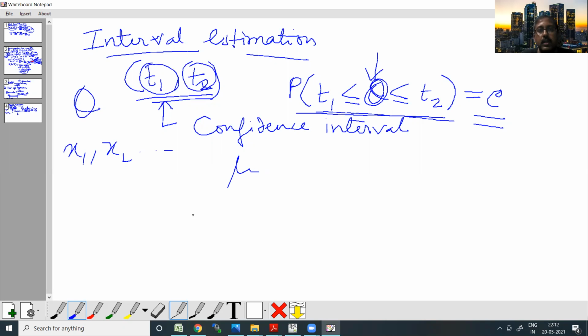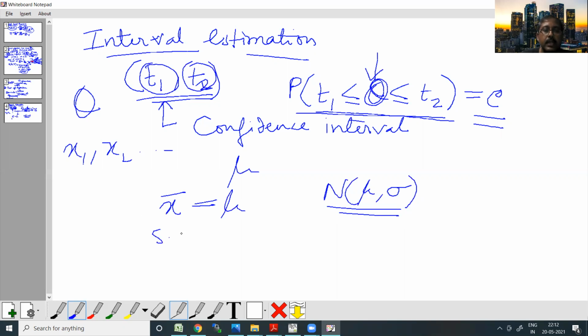We have already seen that if we talk about the sampling distribution of the sample mean, and the population is given to follow a normal distribution with mean mu and standard deviation sigma, then the sampling distribution of the sample mean is also expected to follow a normal distribution, with mean equal to mu and standard deviation equal to sigma by root over n, where n is the sample size.